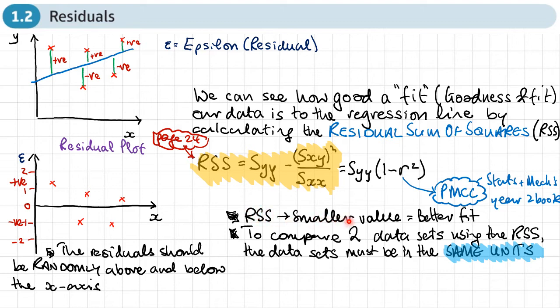Smaller means better fit. So I'm guessing then if we have some sort of critical value, we could then use the RSS to do a hypothesis test about the goodness of fit of a data set with a regression line.